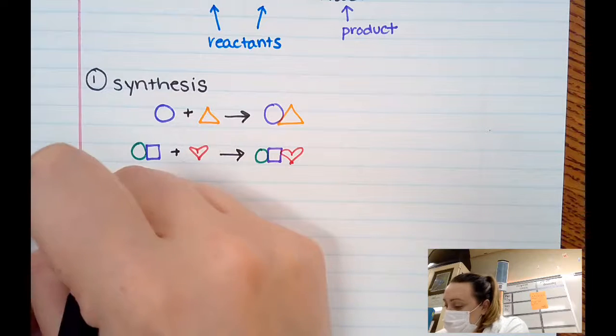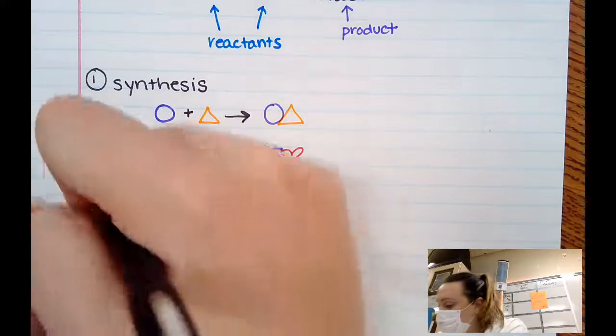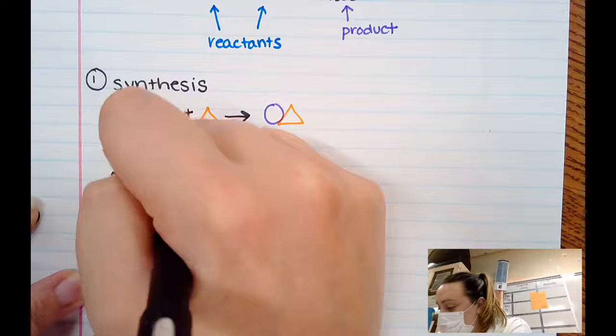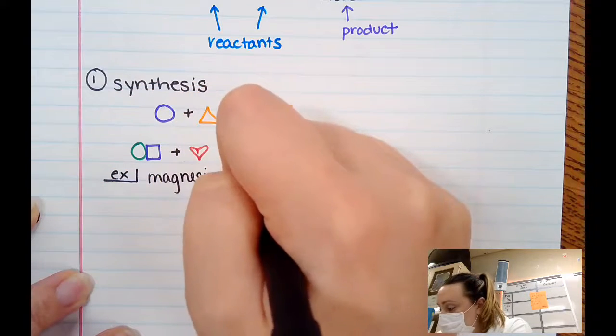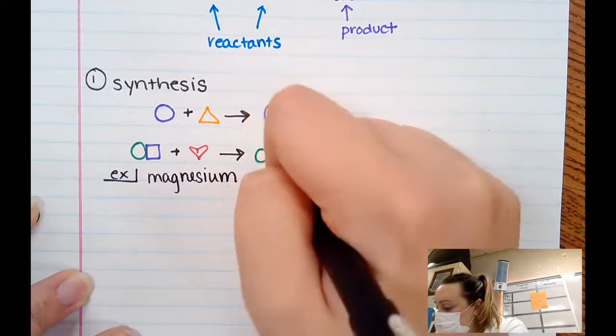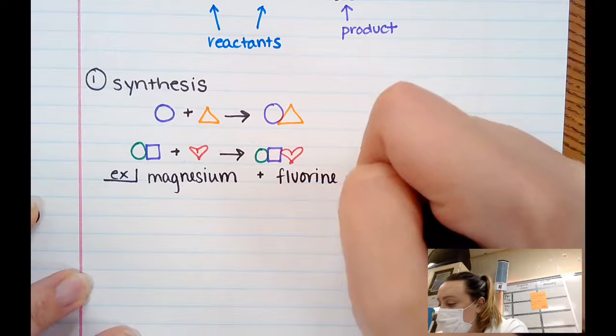Some examples of this would be if we had magnesium and fluorine coming together to make the ionic compound magnesium fluoride.